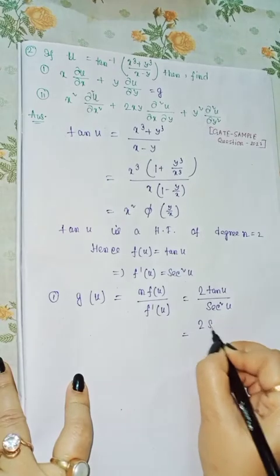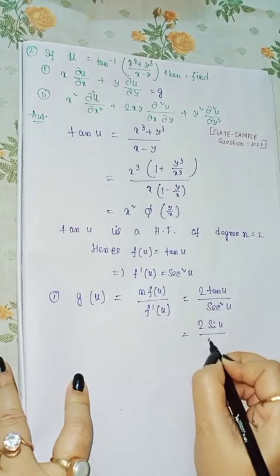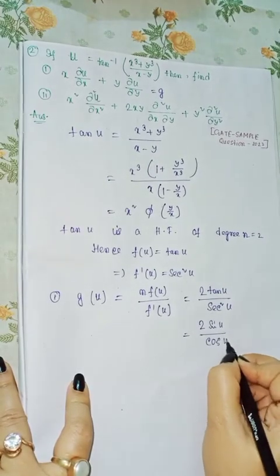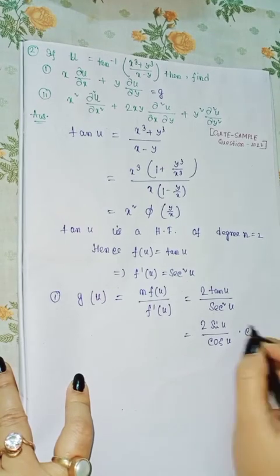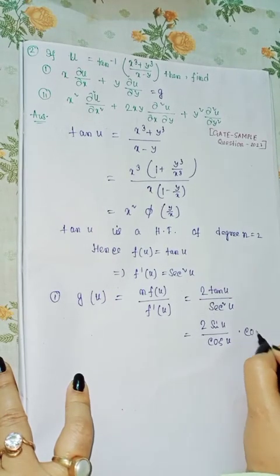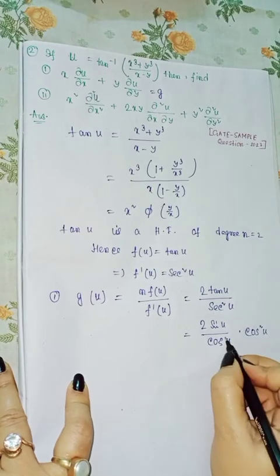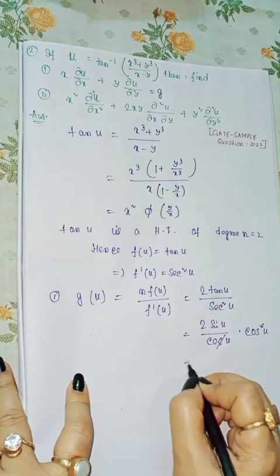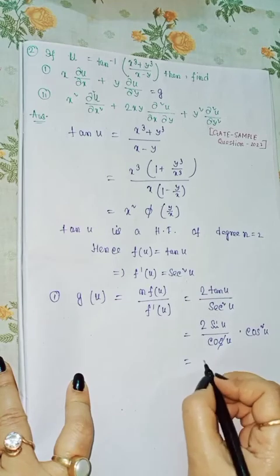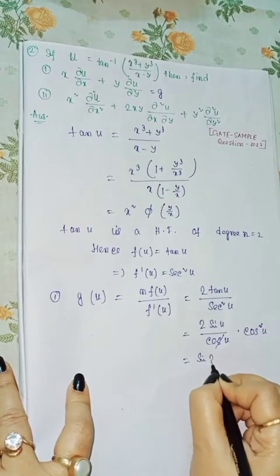So 2 sine of u by cos u into cos square u, since 1 by sec square u is cos square u. So cos u and cos square u cancel off, leaving twice cos u sin u, that means sine of 2u.